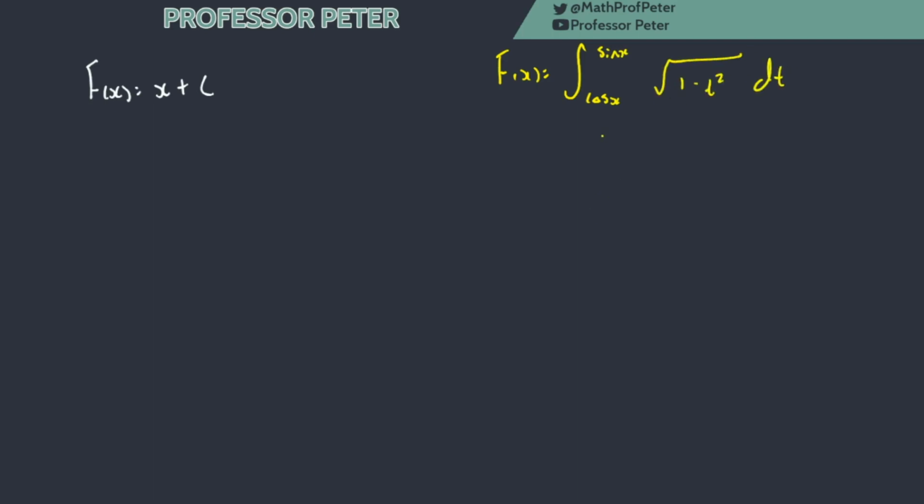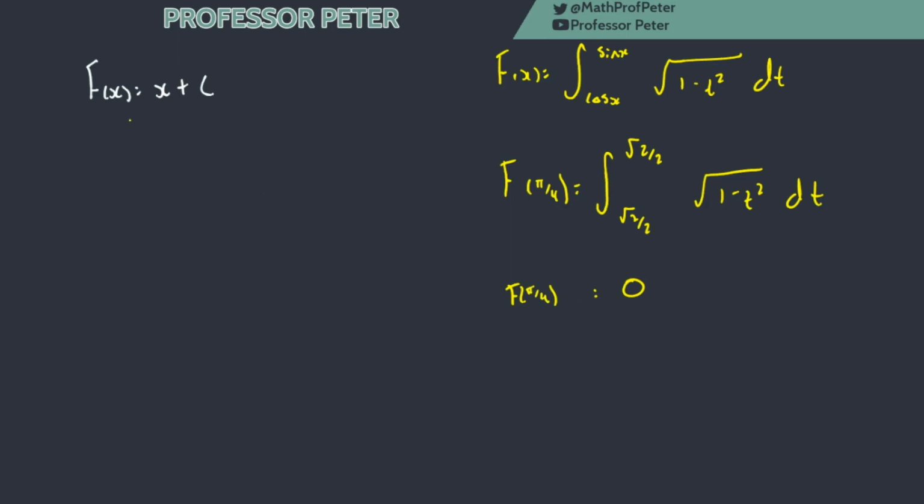And it seems like, oh boy, it's going to be really hard for us to get a known function value out of here until you notice that sine of pi over 4 and cosine of pi over 4 are the same thing. This is the integral from root 2 over 2 to root 2 over 2 of 1 minus t squared under a square root. I don't have to know much about this to know that that area is 0. So what I've got is that f of pi over 4 is equal to 0.